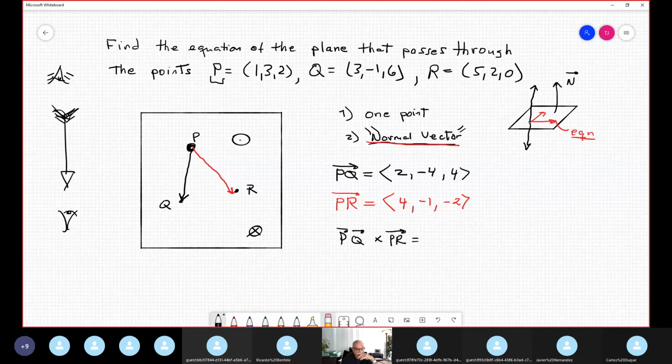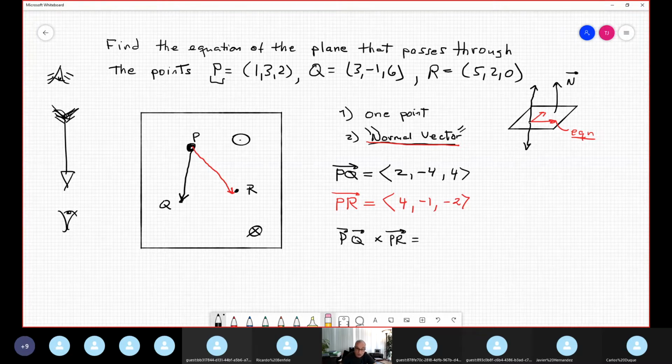Okay. Let me see. In this case, PQ. Using, remember, the right hand rule. PQ. I put my right hand, my finger pointing from P to Q. I bend my finger to touch the R point, so I can see my thumb pointing out of the plane.